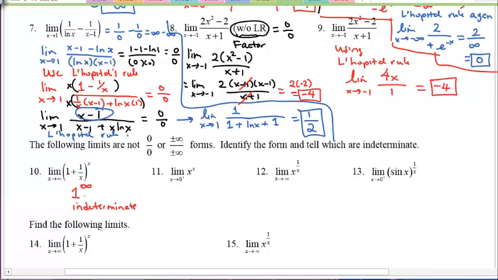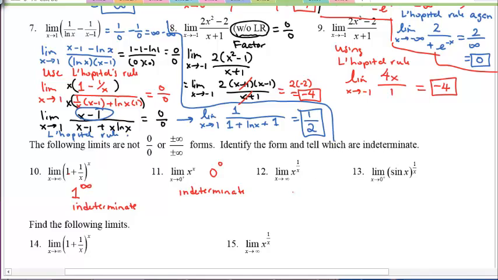Right, it's ambiguous. 1 to the power of infinity. 1 times 1 times 1. Is it 1, or is it so much infinity, so big, that we don't know? Hard to say. Next one here becomes 0 to the power 0. Once again, not sure which one dominates, so indeterminate as well.